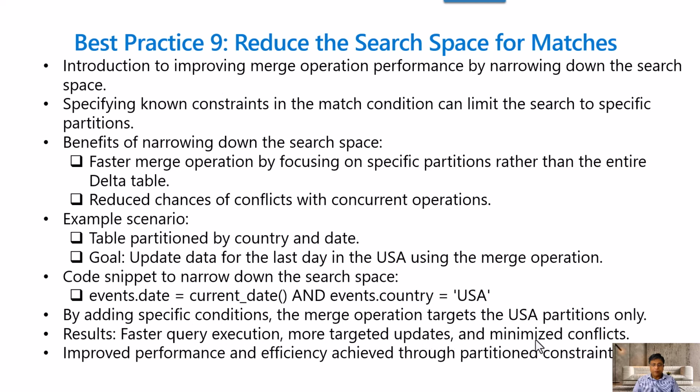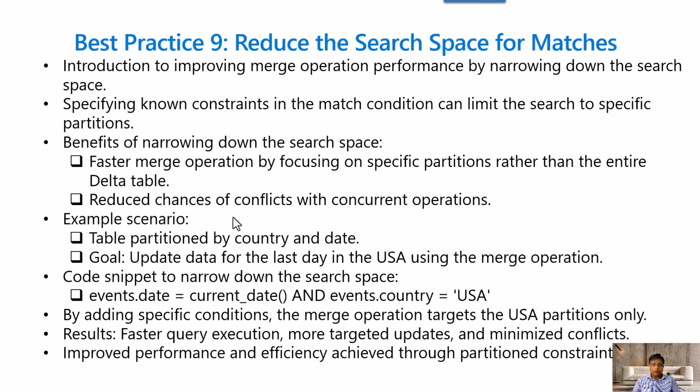And this will help you minimize conflicts, speed up query execution, and improve performance and efficiency. So if you narrow down the search space, instead of making it a larger set of data, as in the example given here, you can definitely improve the performance, and it will give you a faster merge operation, because it will go to that particular partition where the merge operation needs to happen.